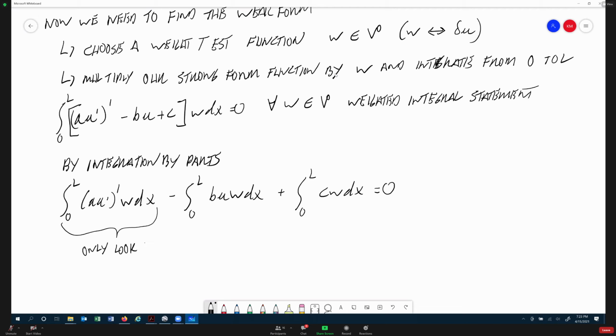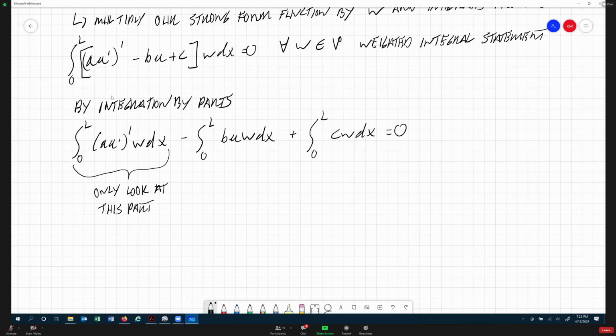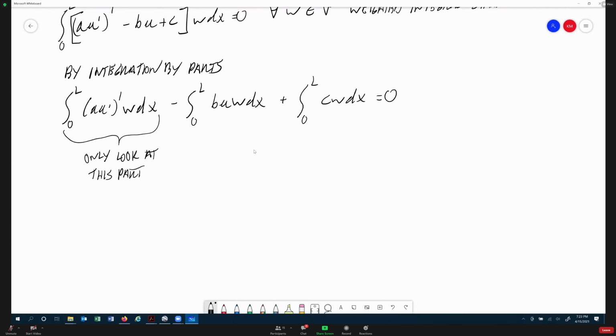When we look at this part, these are our tractions, right? That's where that's coming from.